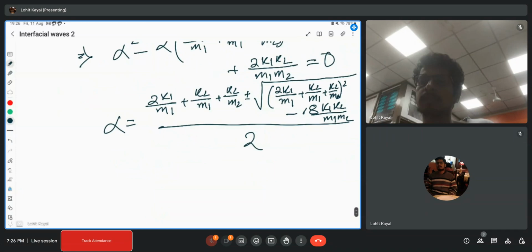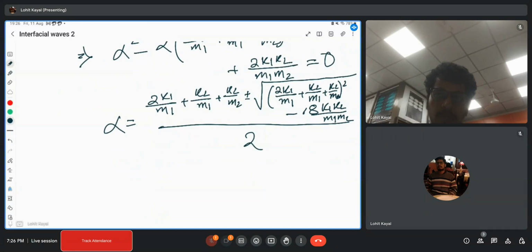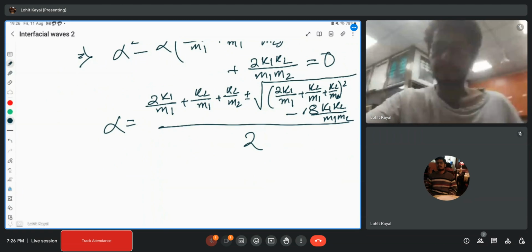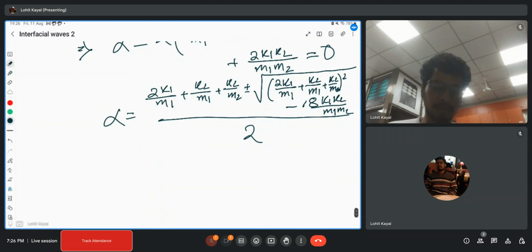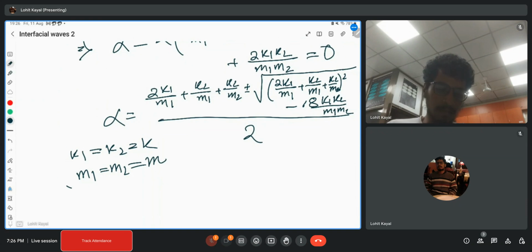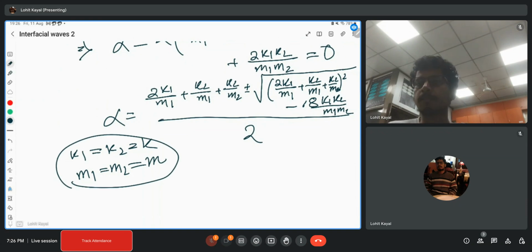I will just give you an outline of it. Let us consider a case, since this is a complicated expression: when k1 equals k2 equals k, and m1 equals m2 equals m. Please check the calculation by yourself.